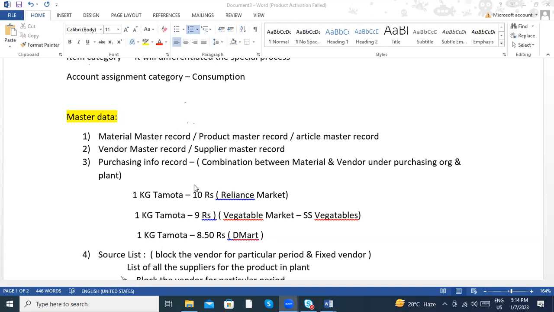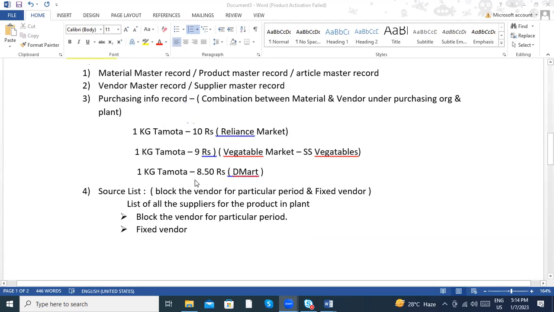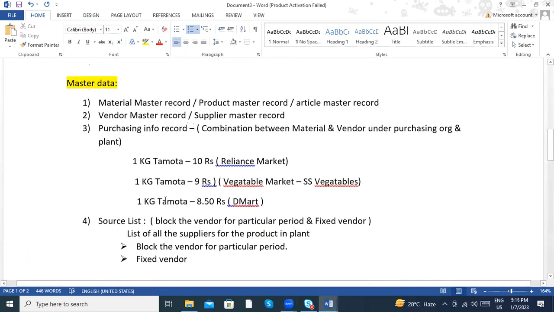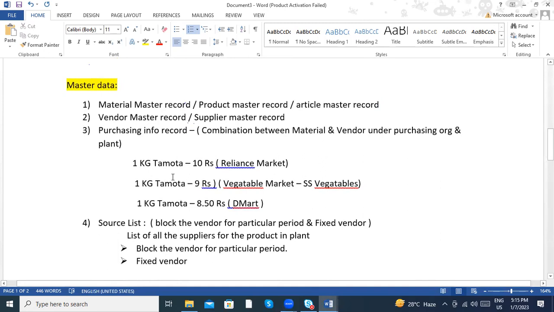Some companies don't have a particular master data team, because they don't want to maintain that person, and they go with whoever is maintaining material management. Then we should know about the material master card, vendor master card, purchase info card. Even if we have a master data team, we should be aware of the functionality of the master data. Clear? Yes.